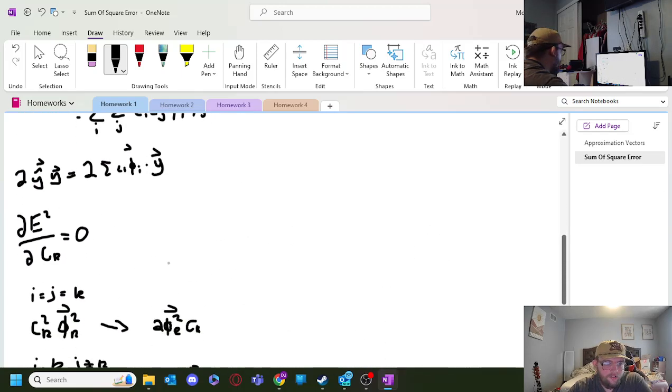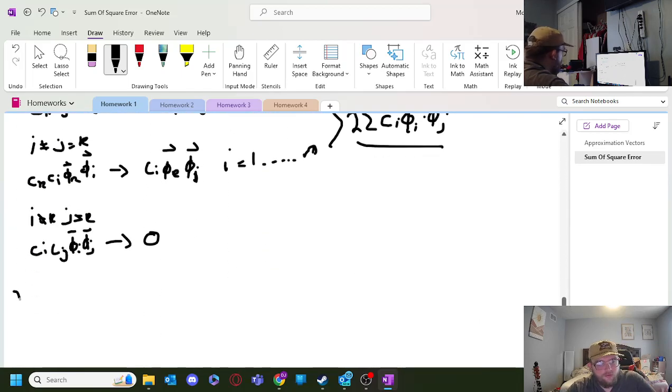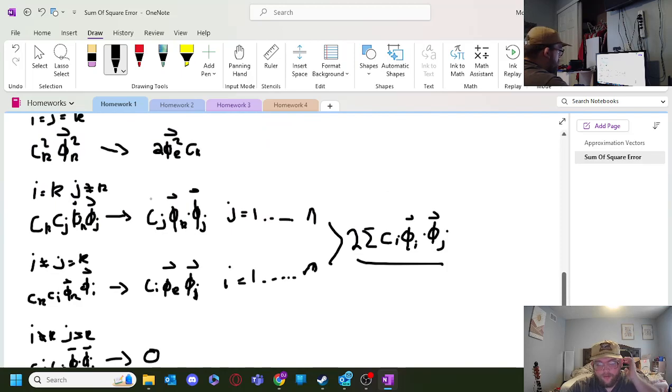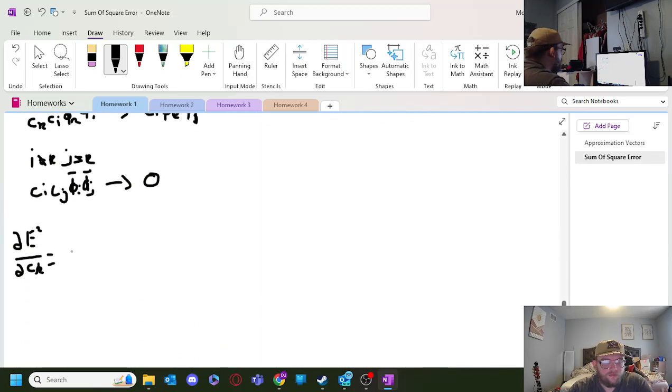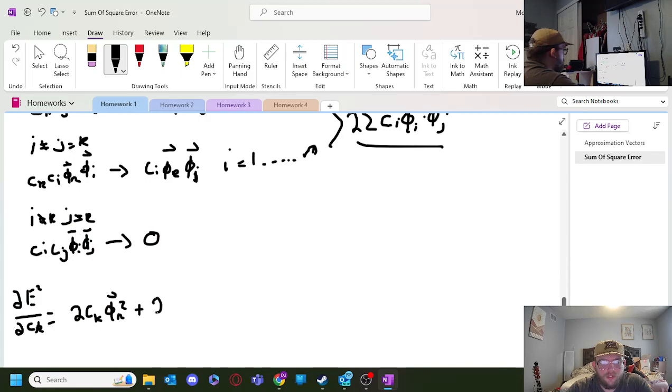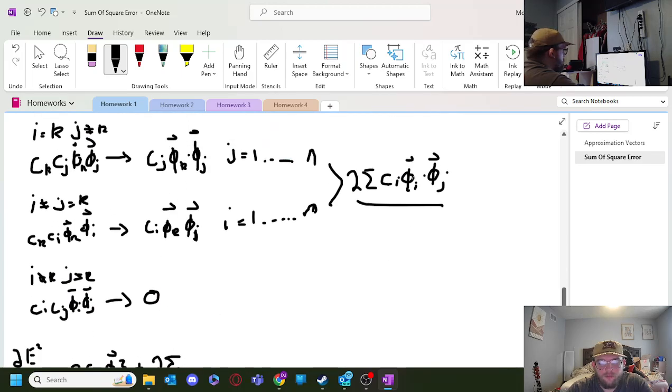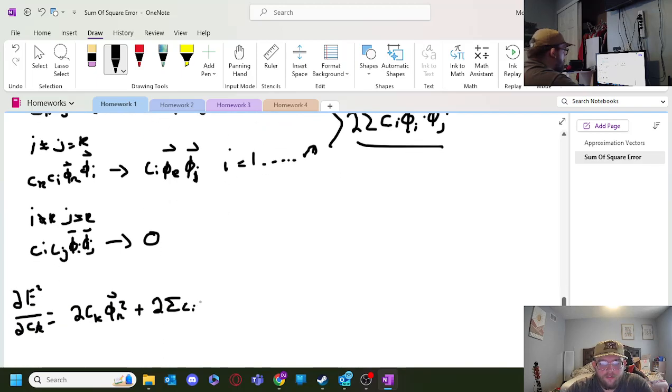So our partial derivative of e squared with respect to c_k is so far equal to 2 c_k phi_k squared plus 2 multiplied by c_i phi_i phi_k.